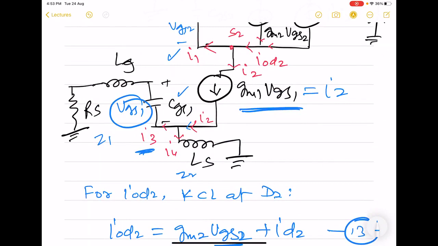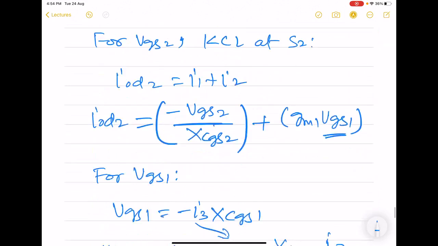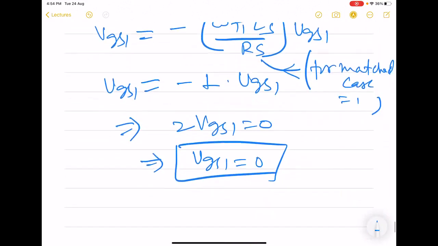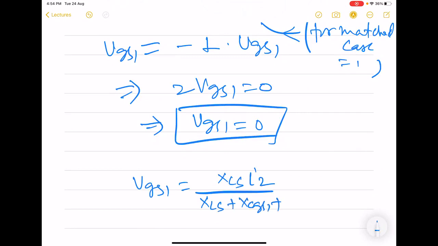Right? And we had related this VGS with I2. So we saw that VGS1 is equal to part of I2, which is I3, that was XLS I2 divided by XLS plus XCGS1 plus XLG plus RS.